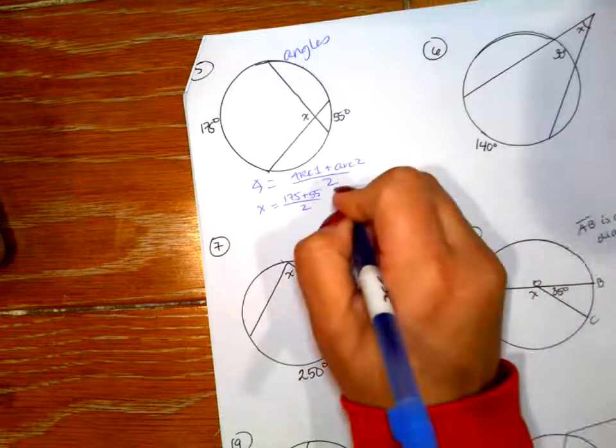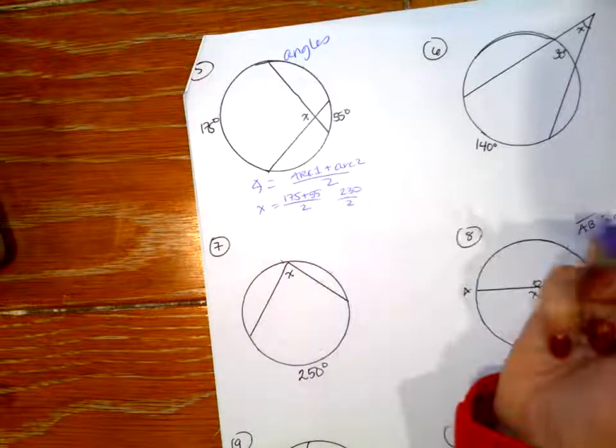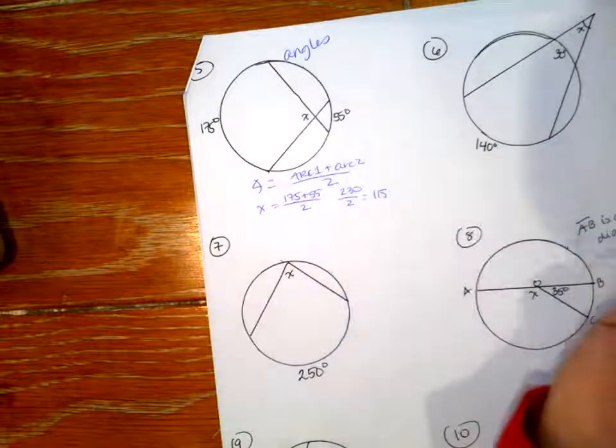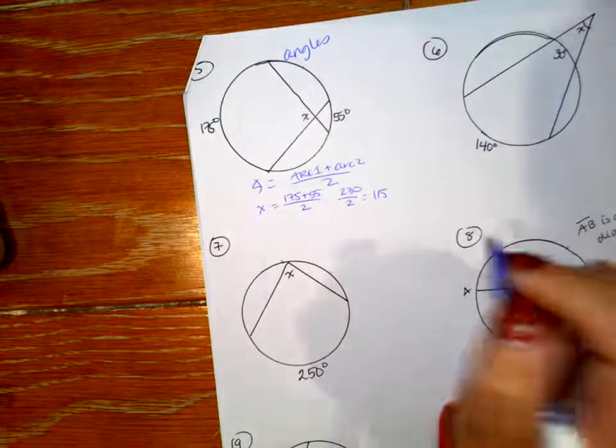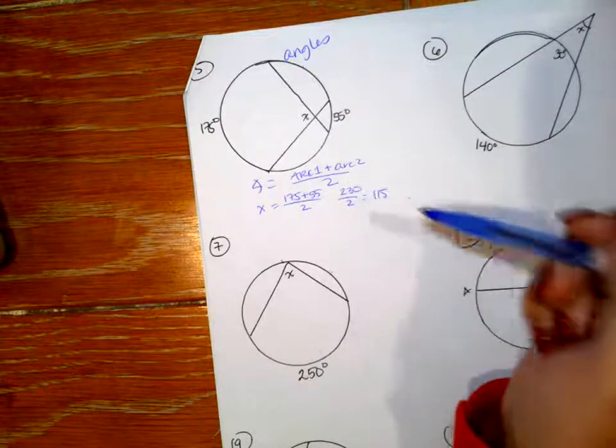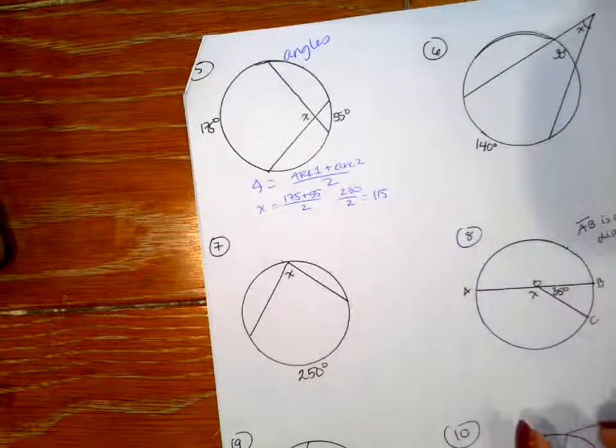That will get me 230 divided by 2, which will give me 115. All right. You can use a calculator. You'll get a calculator for this, but sometimes I feel like you're not thinking very much if you do the easy math with a calculator.